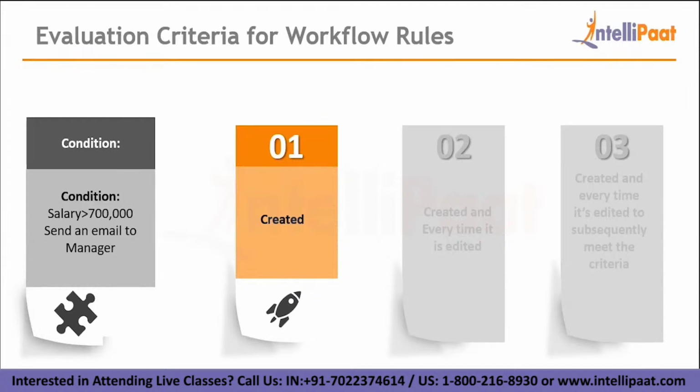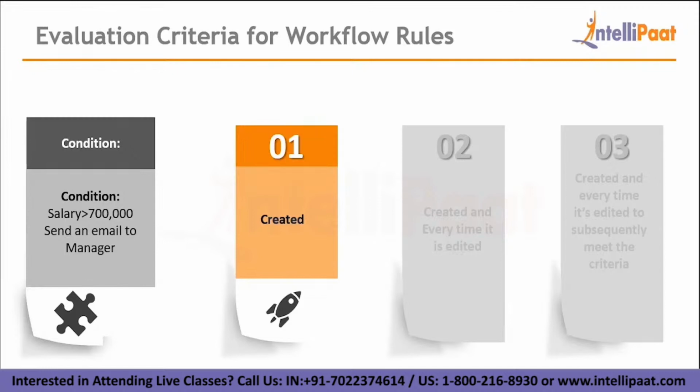Basically, if I create a record and the salary is more than 7 lakhs, an email would be sent. But if I create a record and the salary is 5 lakhs and I edit that record later on, since I've used the first criteria, even if the salary goes up to 7 lakhs or 8 lakhs, an email will not be sent to the manager. So that is wrong, right?